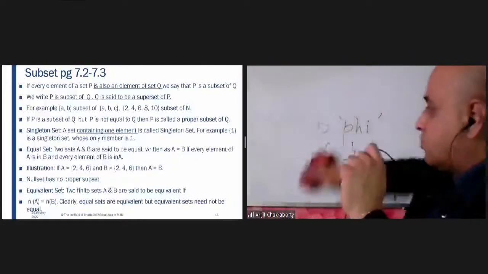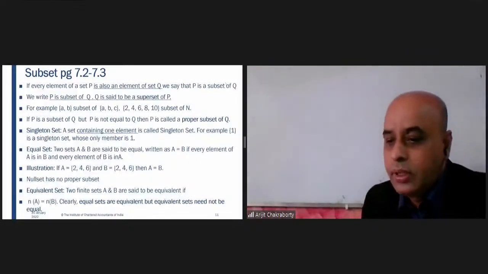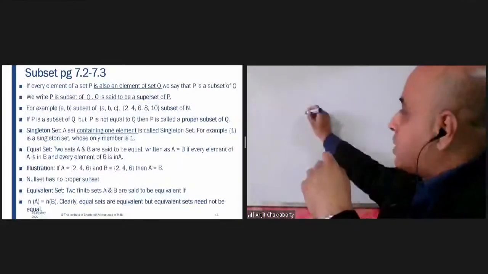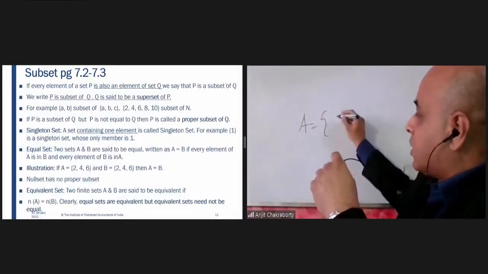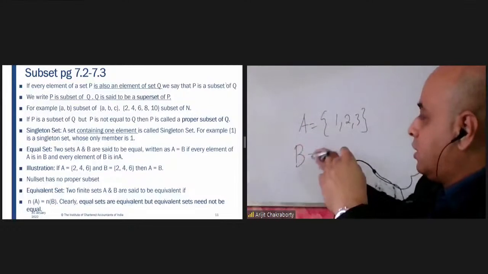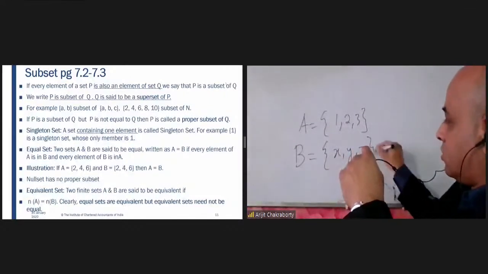So let us take an example. I'm taking a small example here: set A has the numbers 1, 2, and 3. Set B has X, Y, and Z.